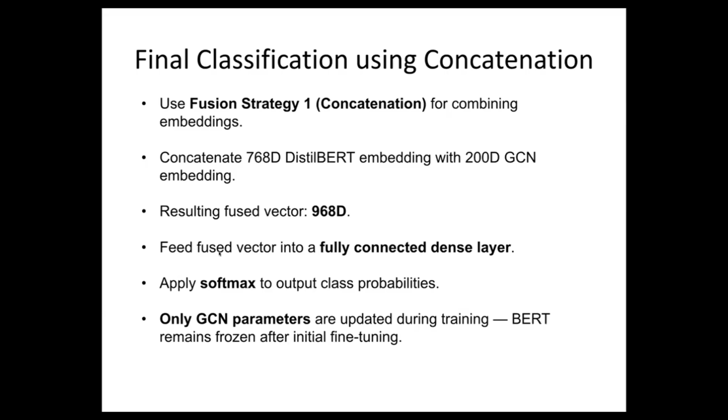During training, we used cross-entropy loss as our objective. One important design decision is that we freeze the DistilBERT parameters after initial fine-tuning and only update the GCN and the final classification layer. This makes our training a little more efficient and less memory intensive, especially for small datasets. Yet we still benefit from rich contextual and structural information that both modules provide.